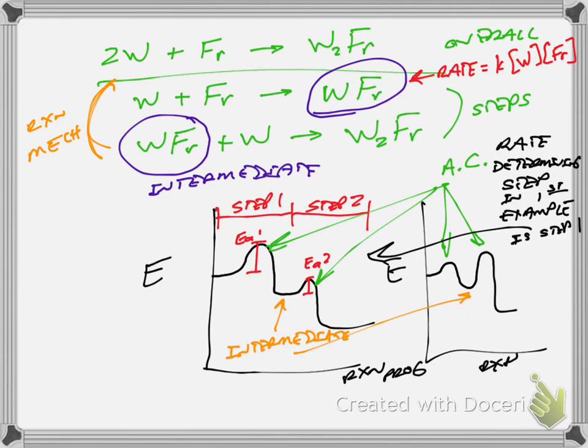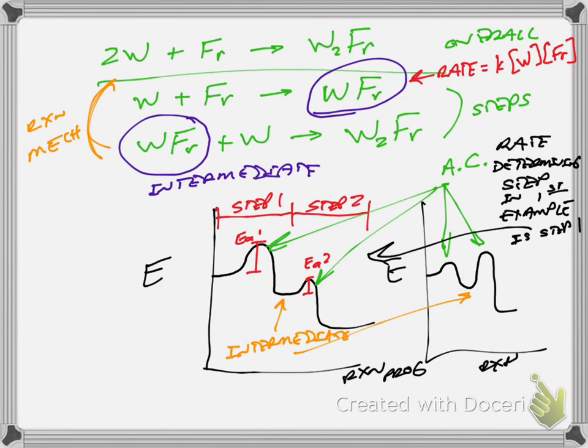But if the elementary reaction is how the reaction is actually taking place, if that mechanism is accurate, then the coefficients give you the reaction orders for that step. So in this case, if we found out that this reaction was first order with respect to W and first order with respect to FR, then we might have a valid reaction mechanism.